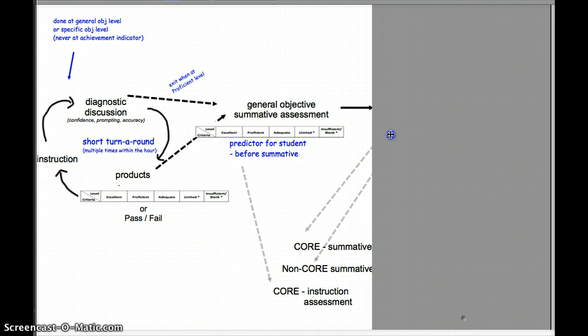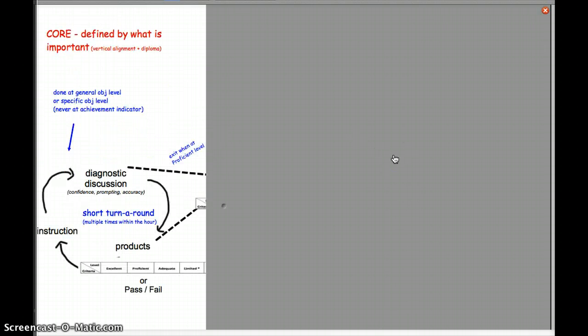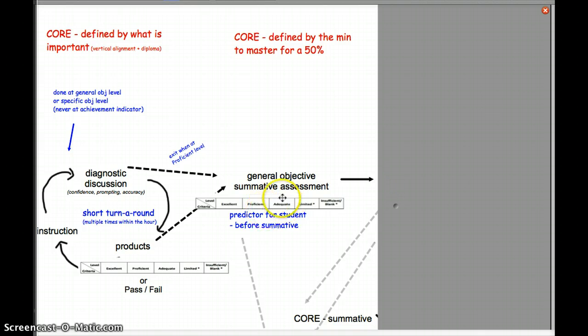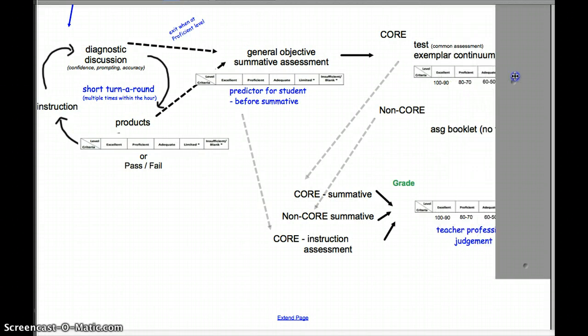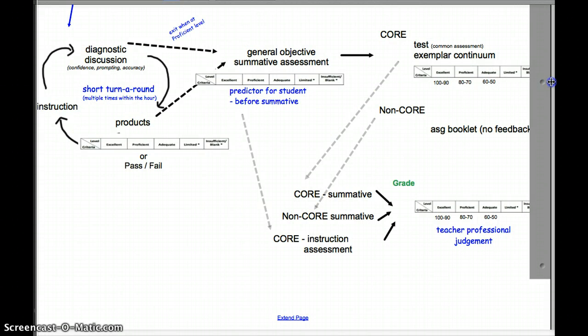And then we need to basically give a predictor mark here. And sorry, I don't want to reveal too much. So we give them a predictor mark. Based on this general objective along this grading scale, here is how we think you understand the concept, and then the summative assessment would verify that.